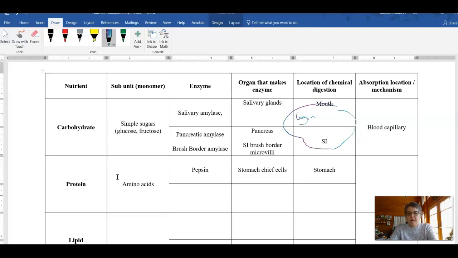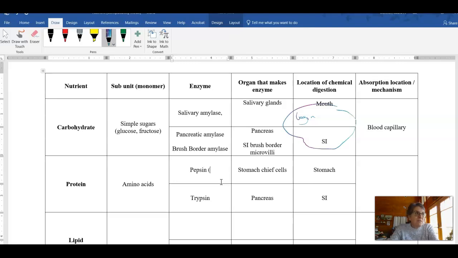And then we saw trypsin, made by the pancreas, with a location in the small intestine. Now, when I am pepsin or trypsin, and I chemically digest proteins, I break proteins down into their subunits.